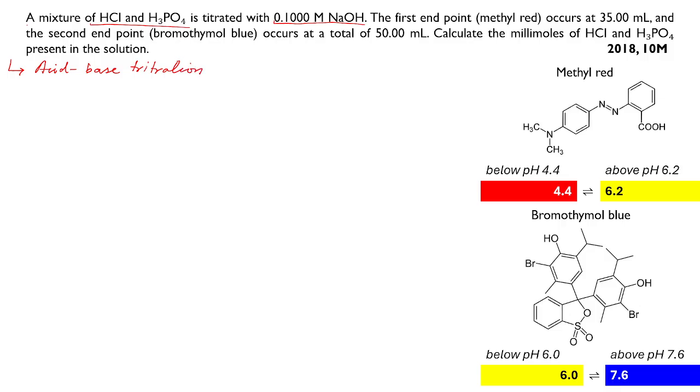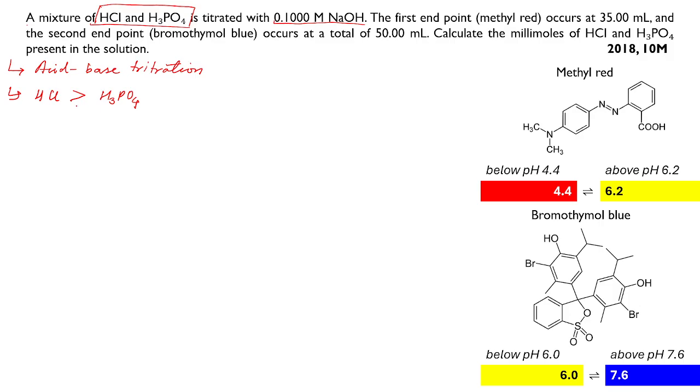Second, it's not a simple acid base titration, but they have given a mixture of two acids. One is HCl and second is H₃PO₄. And remember, HCl is more acidic as compared to H₃PO₄.